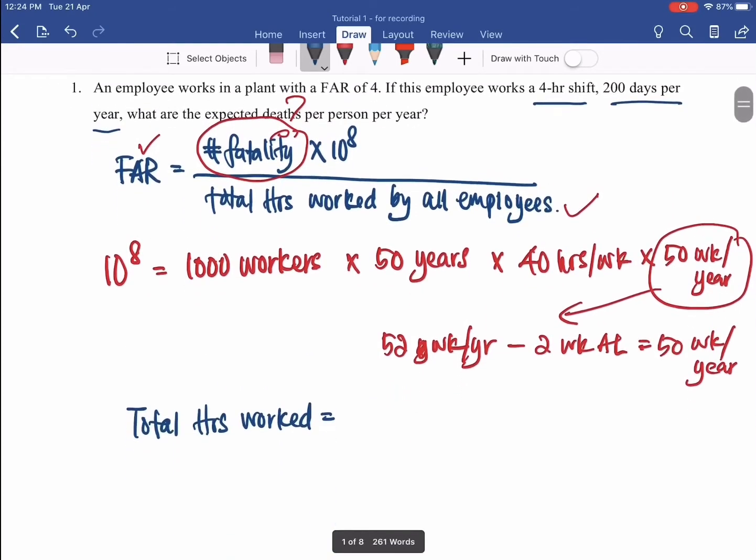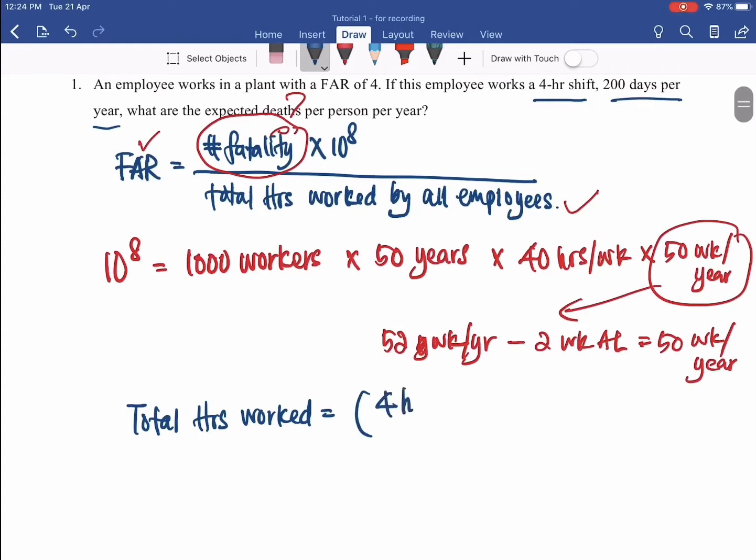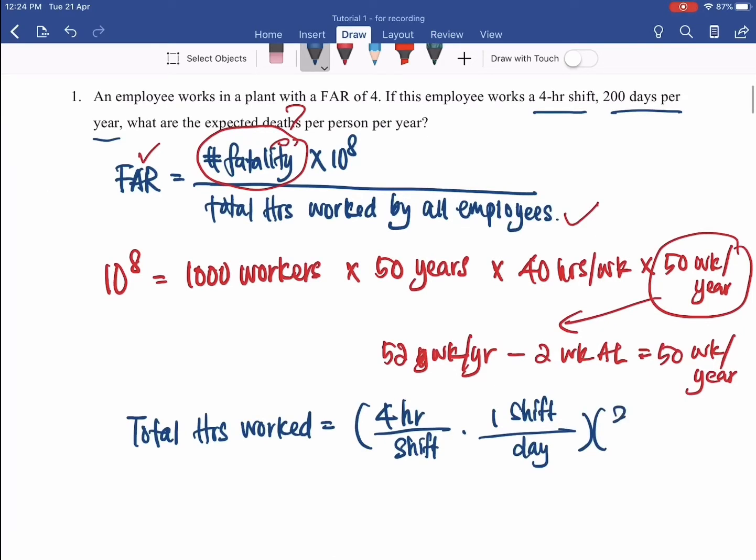It's given this operator works 4 hours per shift and there's only 1 shift a day, and they work 200 days per year. So in 1 year this person works 800 hours per year. Now we have this FAR value, which is given as 4, and we have this value.